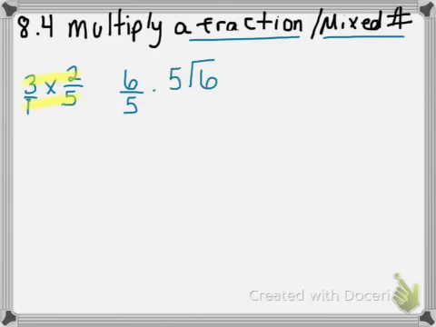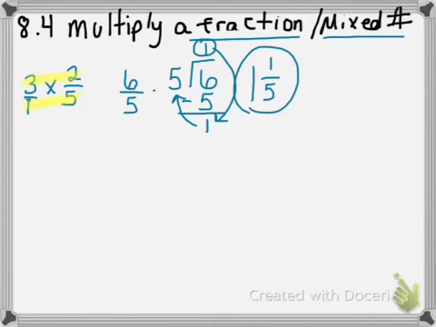See, even I make mistakes. 5 goes into 6 one time with the 5 down here. Subtract, 1. This is now my whole number, my big guy. I drop down to find my numerator, and then my denominator is still the same. So 3 times 2/5 is the same as 1 1/5.